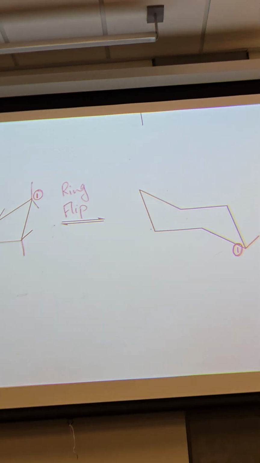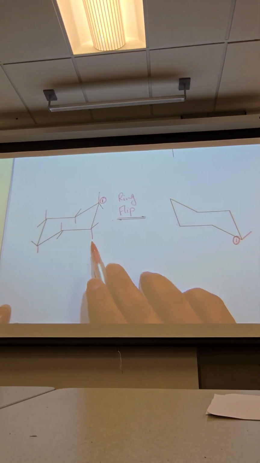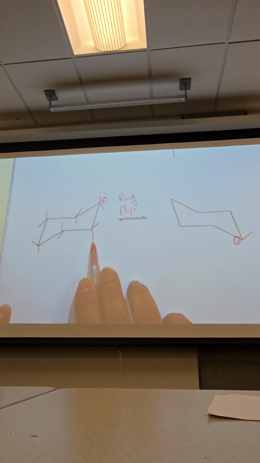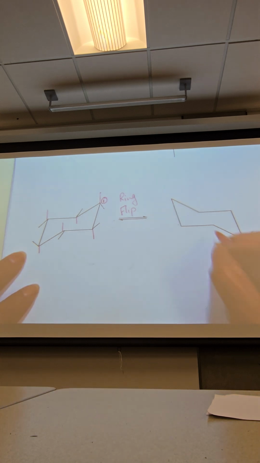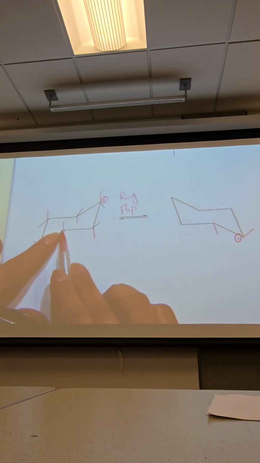So if something were pointed up, then it's still pointed up. And the same thing, the axial on the next carbon, notice, was pointed down. It's still going to be pointed down, but this time it's not axial, it's equatorial. You guys agree? Yep. Everybody sees that? Because that's very important. Next axial was up.